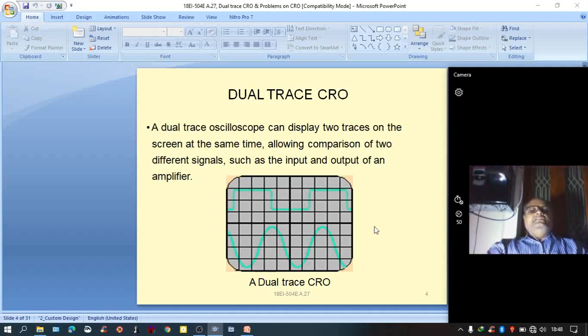So, in order to check the amplifier input and output simultaneously, we can give the input of the amplifier to one channel of the dual trace CRO and the output of the amplifier to another channel of the dual trace CRO, and we can see the wave shape like this.